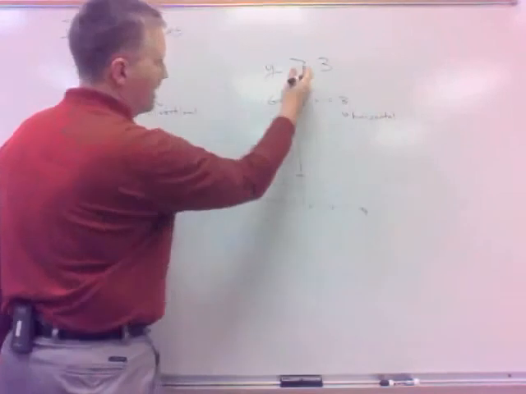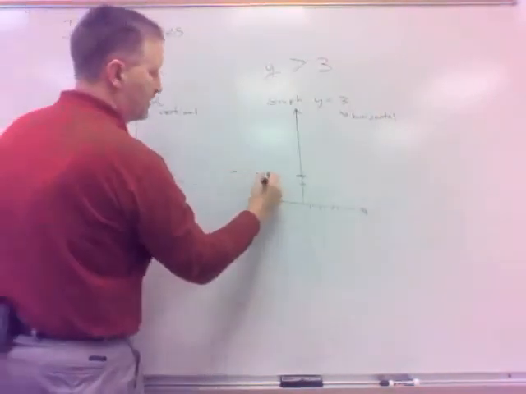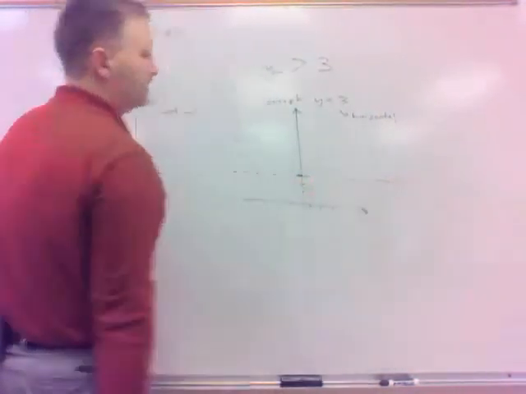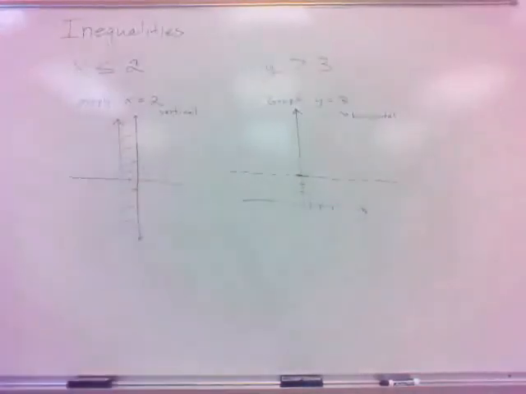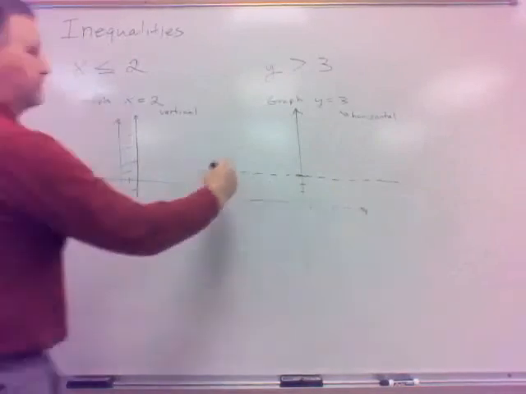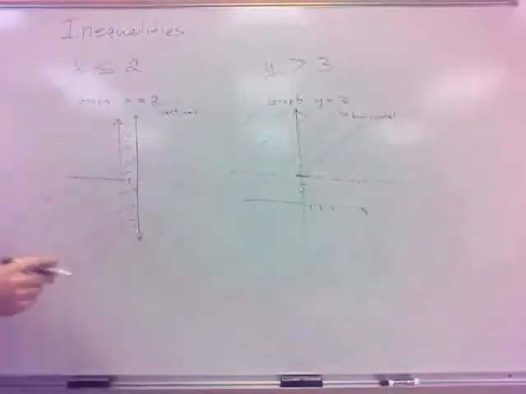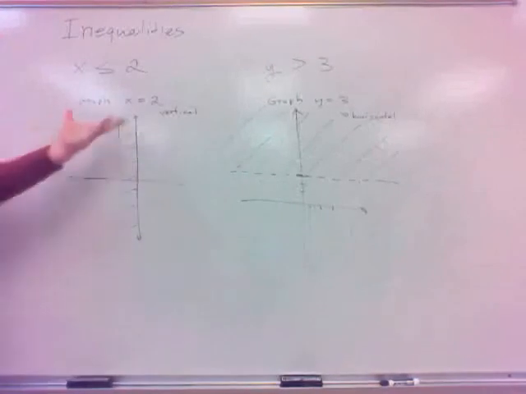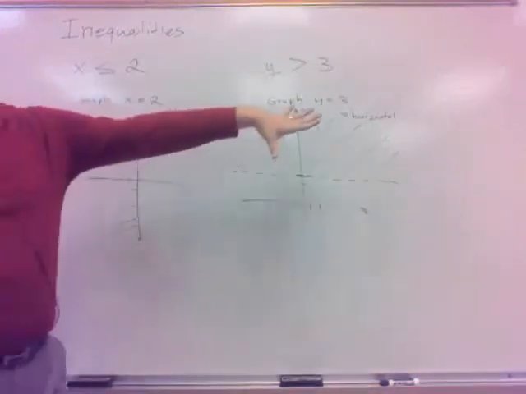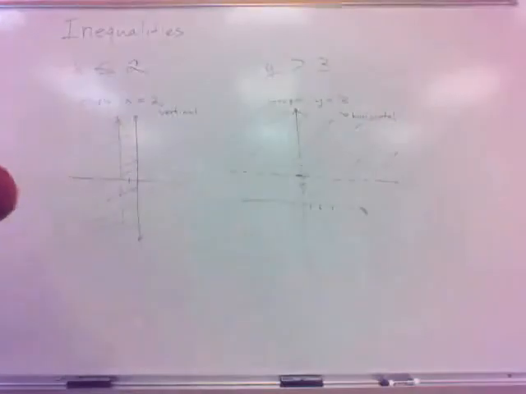Now, just so happens here I don't have the equal to part, so it's a dotted horizontal line. And then I want greater than that, so that's above the line. Okay? So we haven't graphed a whole lot of vertical and horizontal, but x equals the number is a vertical, y equals the number is always a horizontal. Okay?